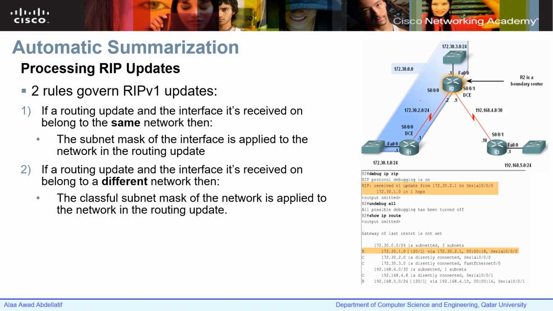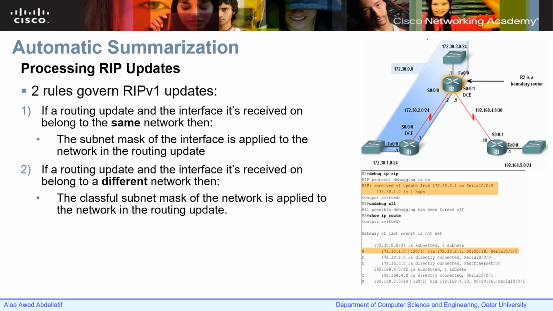In this case, I will include in the routing table the detailed subnets. For example, R1 will include 172.30.2 and 172.30.1, so R1 includes them in detail, inside the same major network.